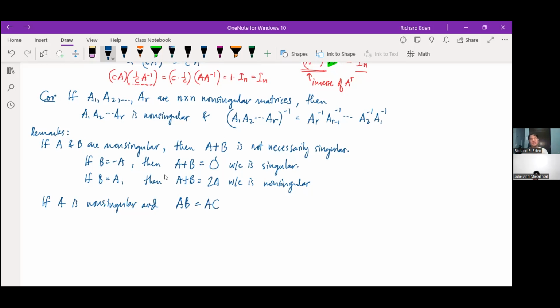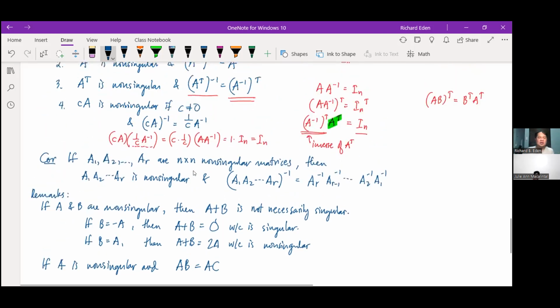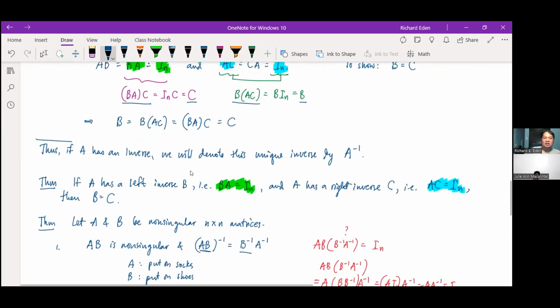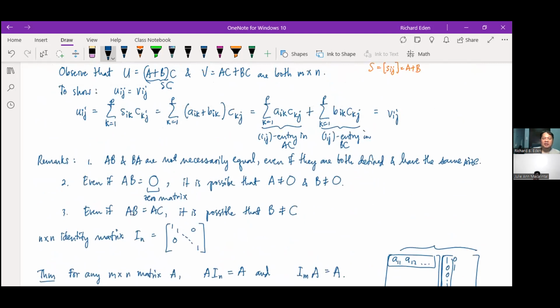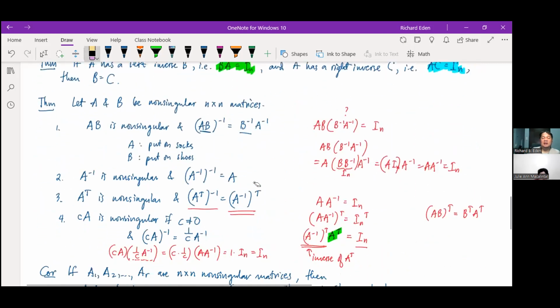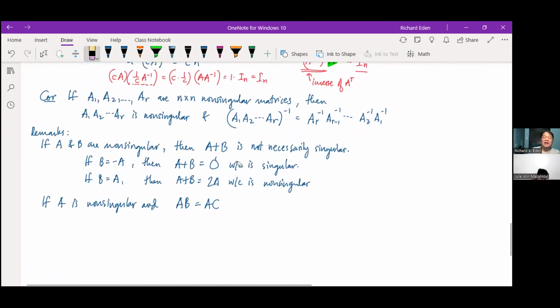Now, I pointed out in general, in one of the remarks, number 3, that even if AB is equal to AC, it doesn't mean B and C are equal. They could very well be unequal matrices. However, suppose we add this restriction on A, that it be non-singular. What do you think will that imply about the matrices B and C?